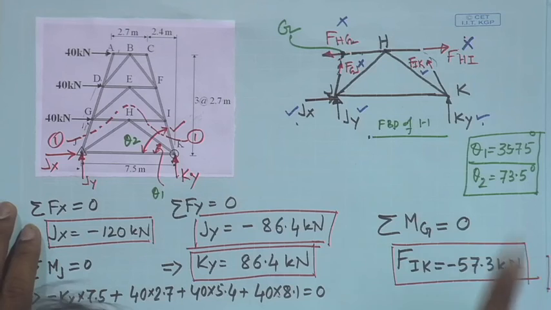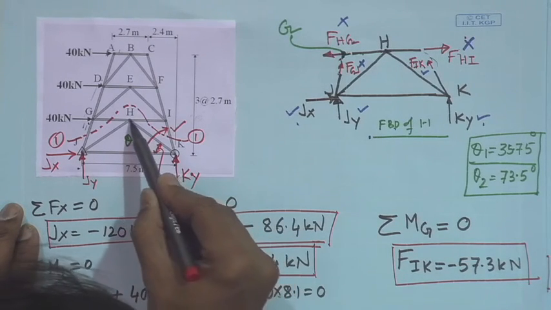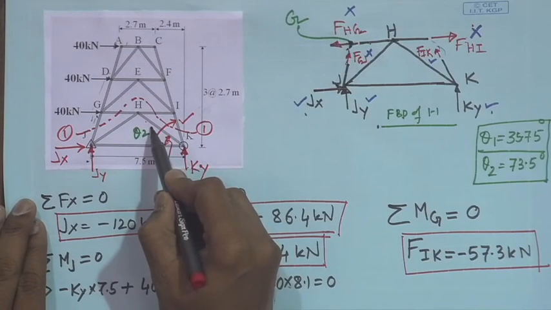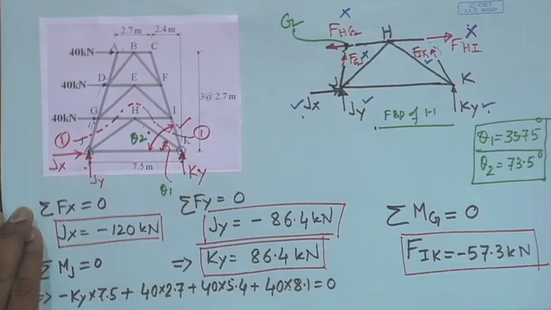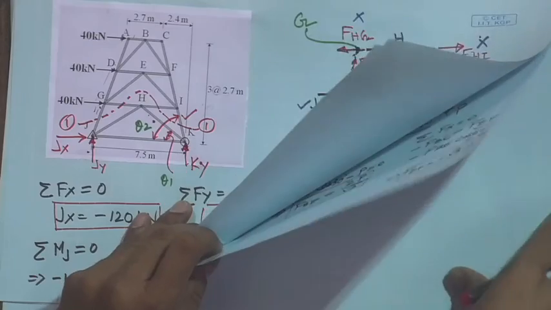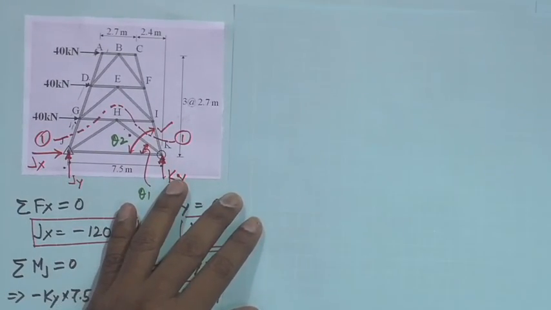Okay. Now, another force we need to determine is Hk. We need to determine the force in member Hk, this as well. In order to do that, let us take free body diagram of joint K. Now, what are the forces we have in this free body diagram?